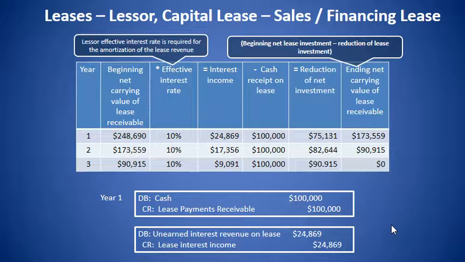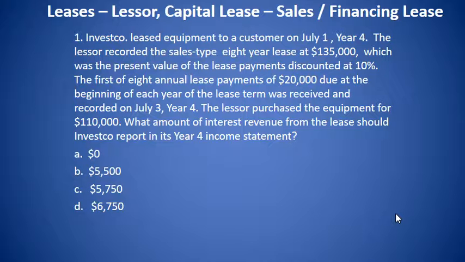So let's go ahead with one multiple choice question on sales and financing leases. Number 1, Invesco leased equipment to a customer on July 1st of year 4. The lessor recorded the sales type lease, which is an 8-year lease, at $135,000, which was a present value of the lease payments discounted at 10%.